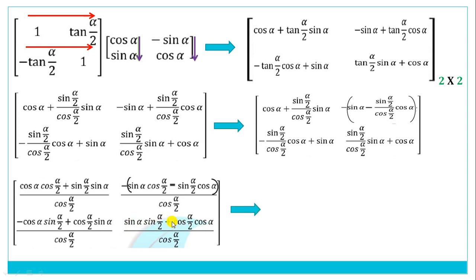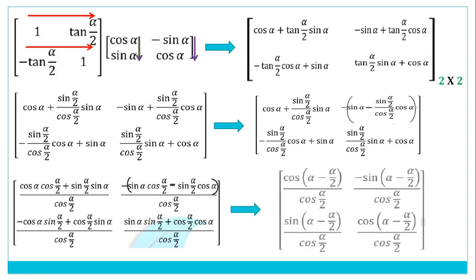So after just writing down their respective formulas, this is what we will receive. This is the formula for cos A minus B, and A here is alpha and B here is alpha by 2. So cos A minus B will look something like this. This is the identity for sin A minus B, and A here is alpha and B here is alpha by 2. Received this.